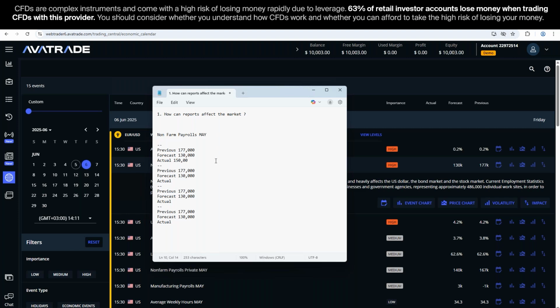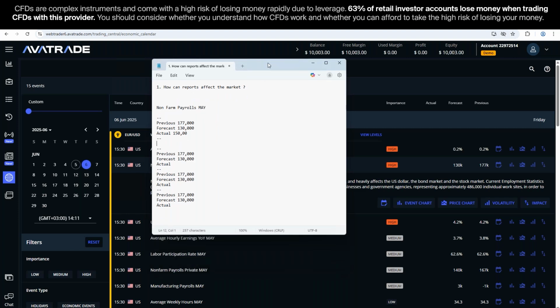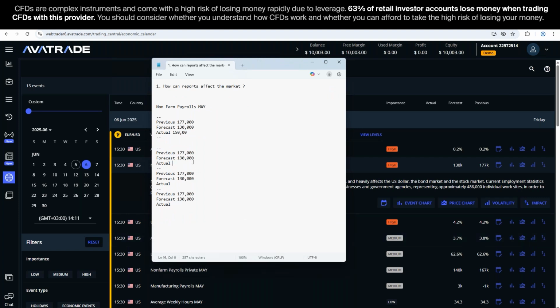Okay, in this case, we're also going to have a place here to write down the possible movement, the natural movement.